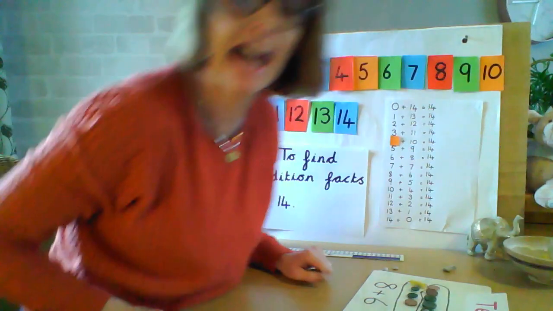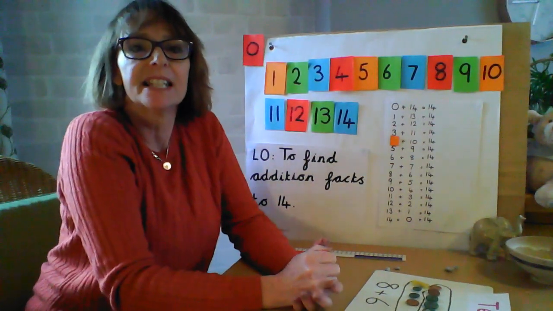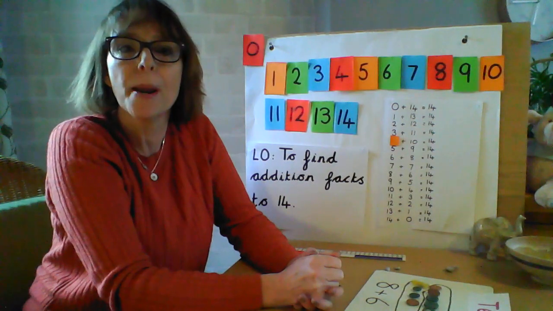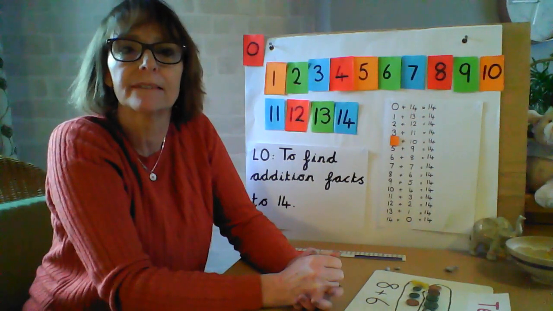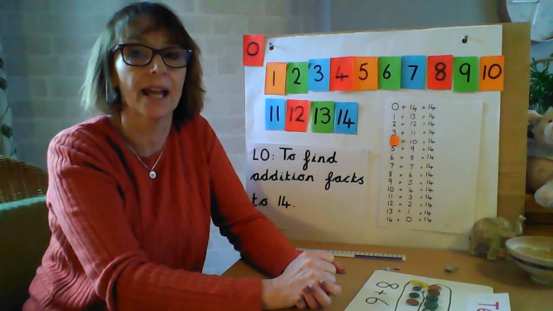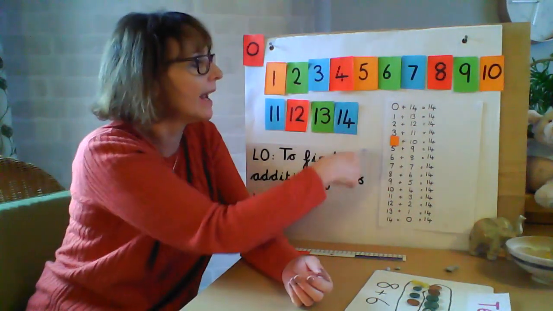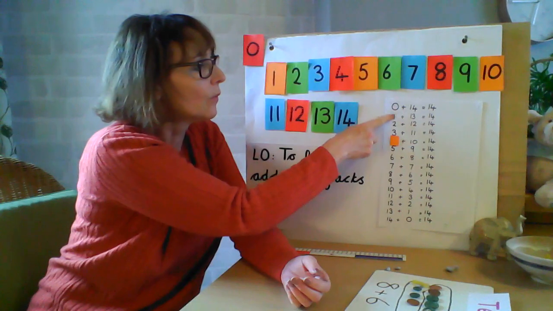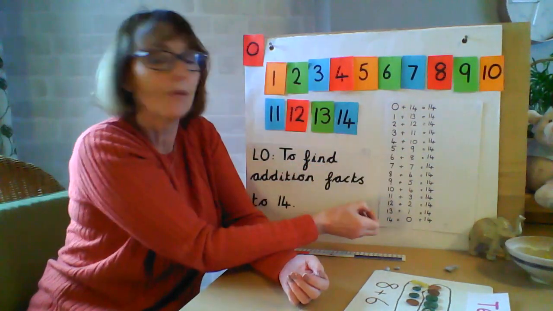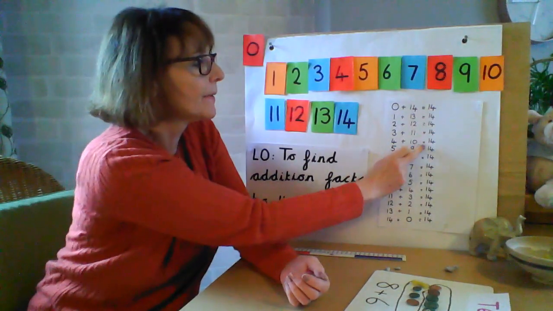Okay, and have a look. So I'll give you just a few seconds to have a little work out which number is missing. Remember, look at that pattern if you're not sure. Okay, got it? And the number is 1, 2, 3. It's number 4. 4 and 10 makes 14.